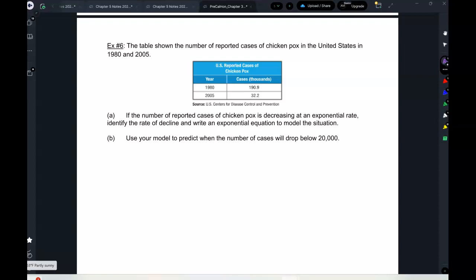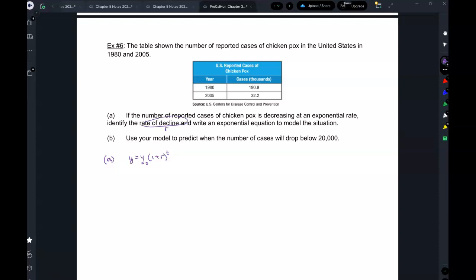All right, so we are definitely going to need our calculators for this. So it's declining at an exponential rate. Now, it's not saying it's a continuously declining rate. So we're going to use y equals y naught times 1 plus r to the power of t. What we need to find is the rate of decline, which is r.